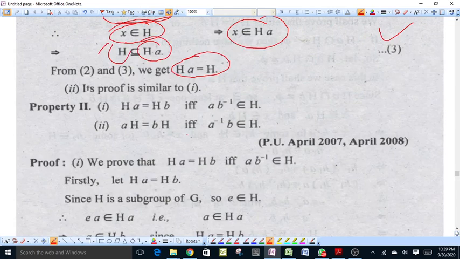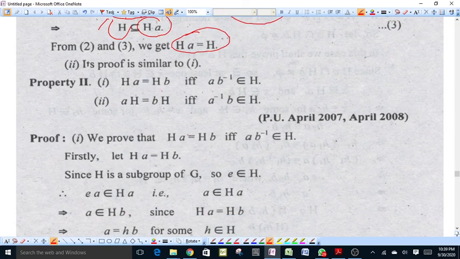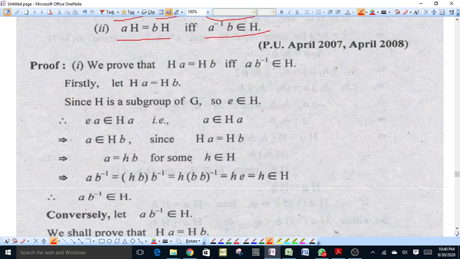Now, second property: Ha = Hb if and only if ab inverse belongs to H, and aH = bH if and only if a inverse b belongs to H. We prove that Ha = Hb if and only if ab inverse belongs to H. First we suppose that Ha = Hb.